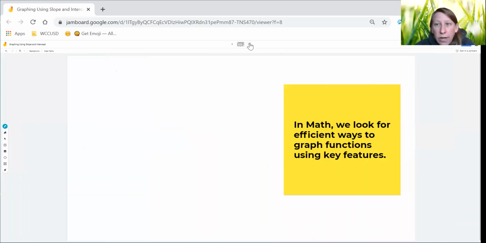So in math, we try to look for efficient ways to graph functions using those key features of slope and intercept. And the way to get better at these skills is to practice. Practice correctly.